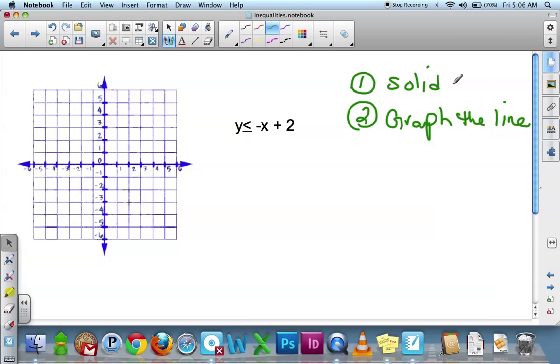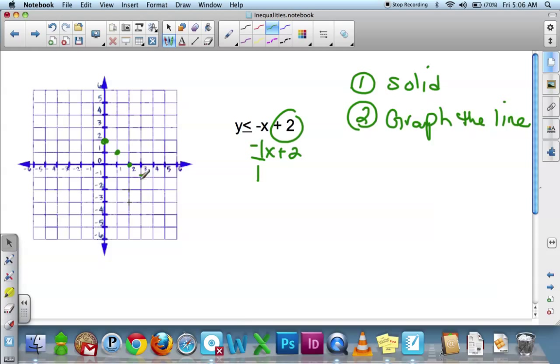So my starting point in this case is positive 2, because that is my y-intercept. And here you've got negative x, so that means my slope, I'm just going to rewrite this as negative 1x plus 2. That means my slope is negative 1 over 1. So it means I go down 1, right 1. Down 1, right 1.